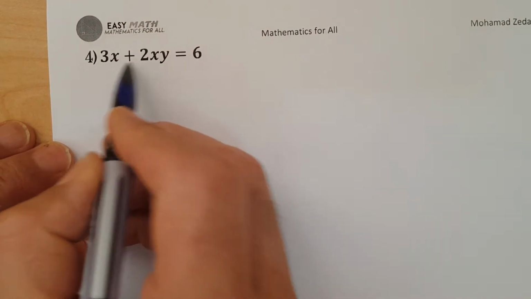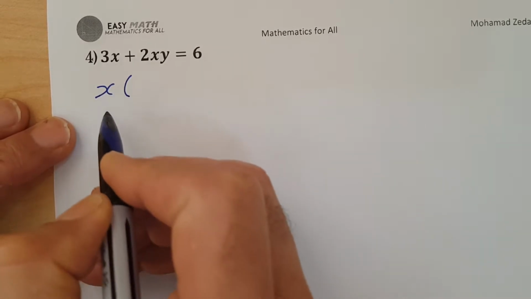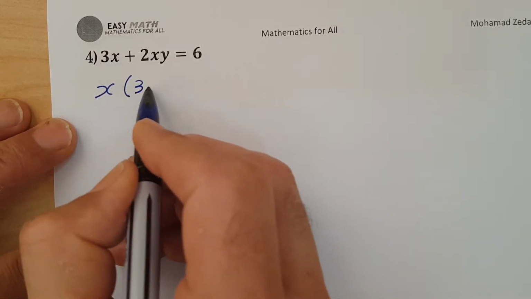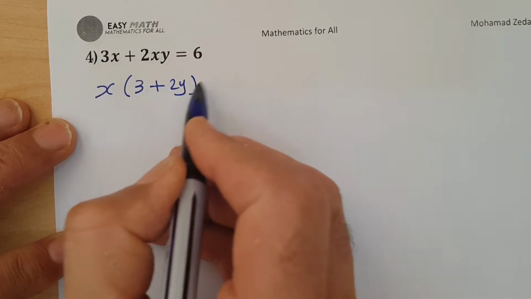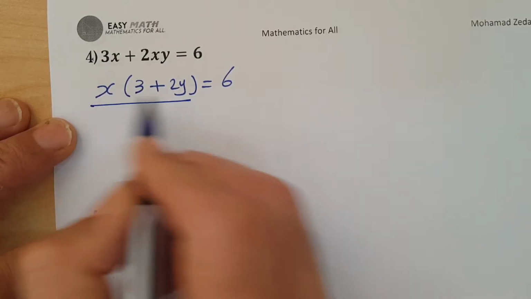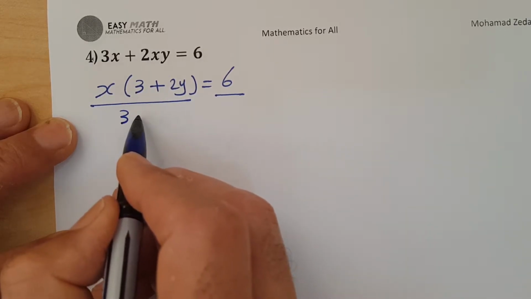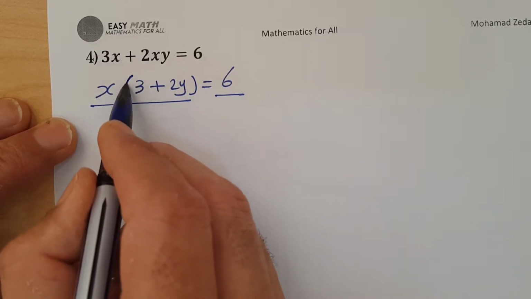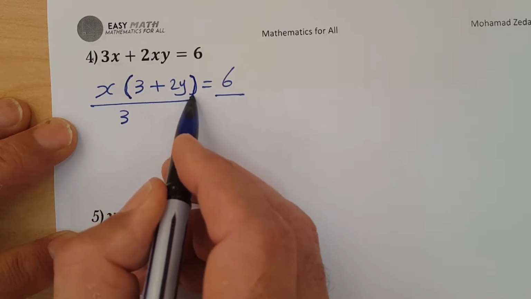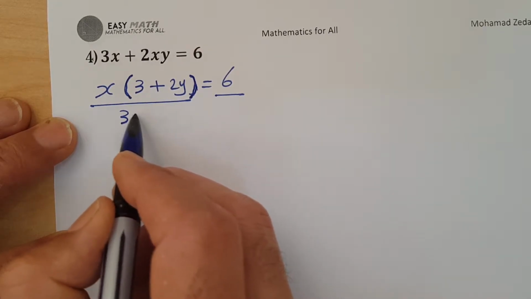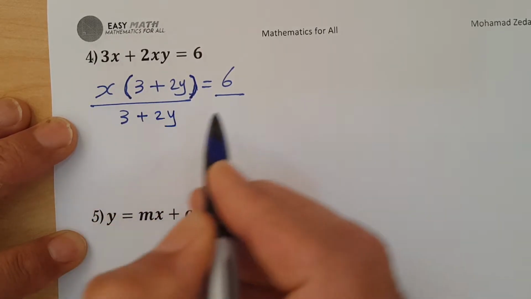x here is spread into two terms. Just take it outside to collect in one term: x times 3 plus 2y is equal to 6. Then I want to make x the subject. Remove all this, divide by it. You know, x is multiplied by the bracket, so you have to divide, the inverse operation of multiplication.